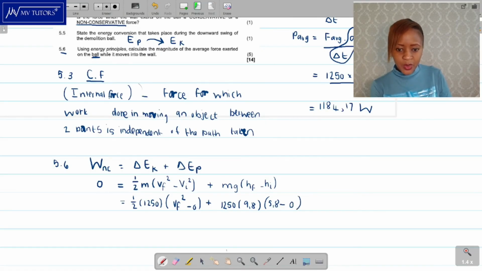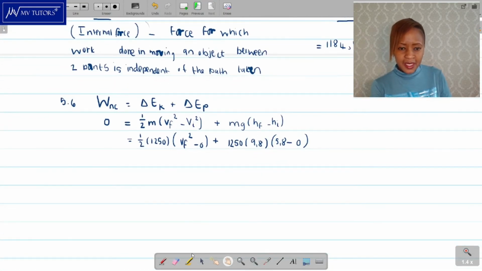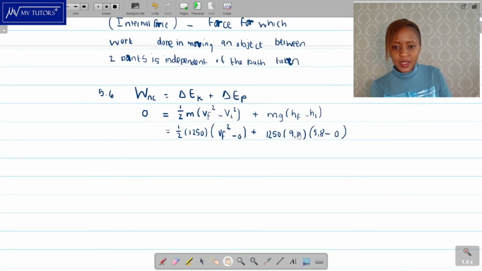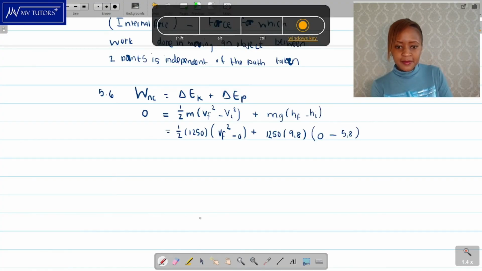So now we can calculate what the final velocity is. I'm going to calculate that whole value and take it to the other side. Initially it was at 5.8, but finally it gets to its original position, so I just confused the two.